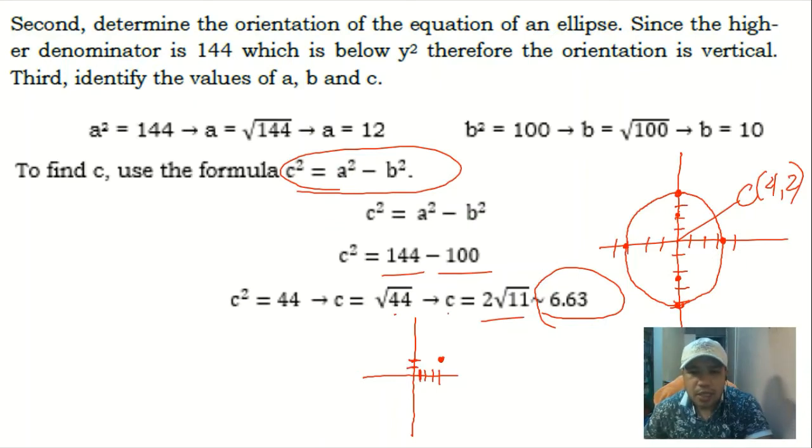So, mula dito, kung ipaplot ko si A, 12. So, 2, mag-a-add ako ng 12. That will be 14. 2, mag-a-add ulit ako ng 12. That will be negative 10. So, ito is nasa 14. Ito is nasa negative 10 in y-axis. 4, 14, 4, negative 10.